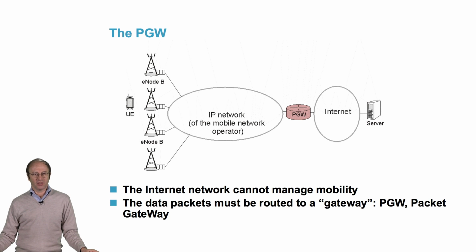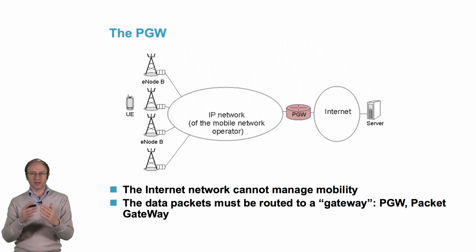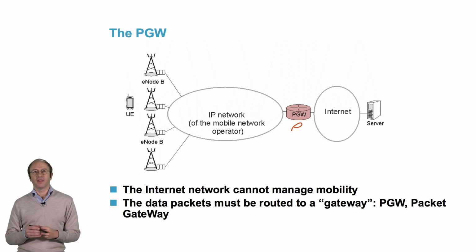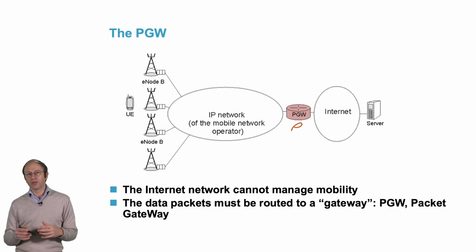The solution adopted for 4G networks was to converge packets destined for mobile subscribers to a single network gateway called the P gateway, or packet gateway.